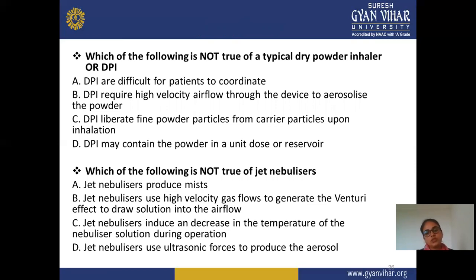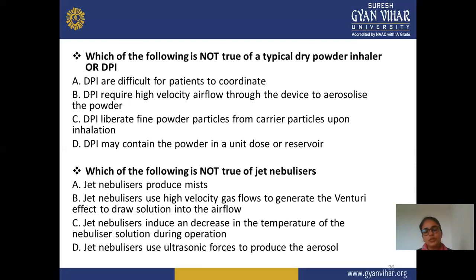Next question: which of the following is not true for a jet nebulizer? This is also a type of nebulizer. A option: jet nebulizer produces mist form of the formulation. And B: a jet nebulizer uses high velocity gas flow to generate the Venturi effect and draw the solution into the airflow.